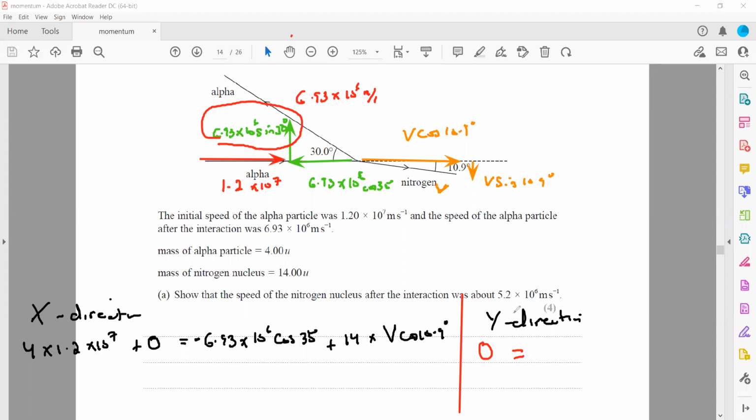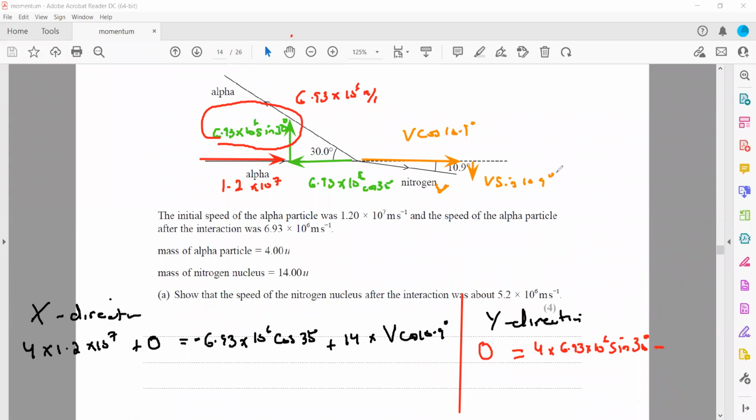So the mass of the alpha particle, which is 4, multiplied by the speed, 6.93 into 10 to the power 6 sine 30. Why sine? Because it is the vertical component. The alpha particle and nitrogen nuclei move in opposite vertical directions, so we put a negative sign here.